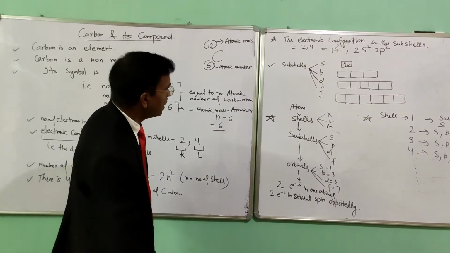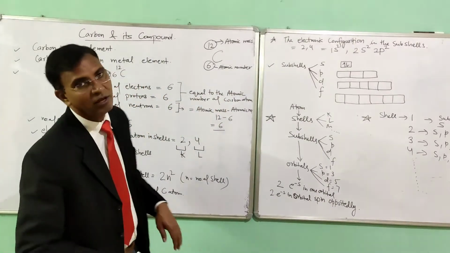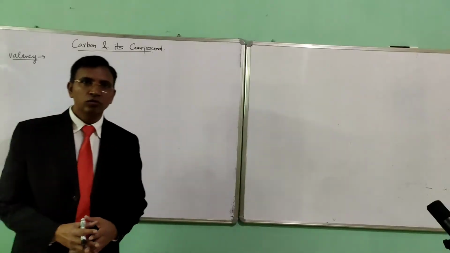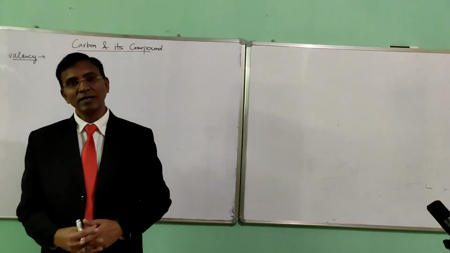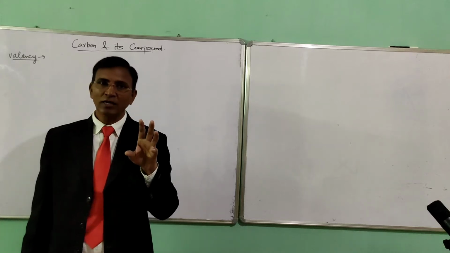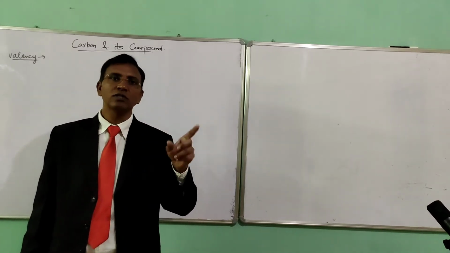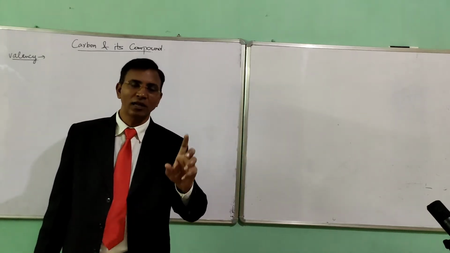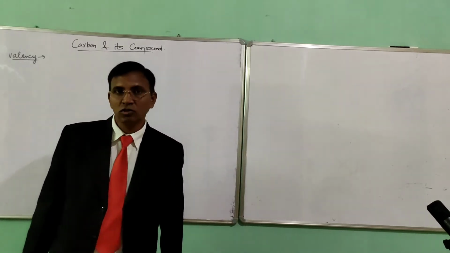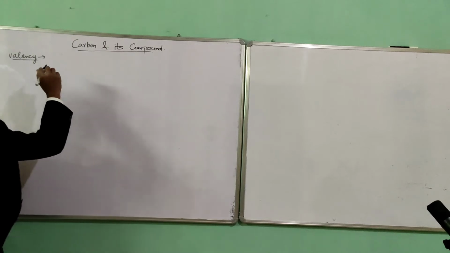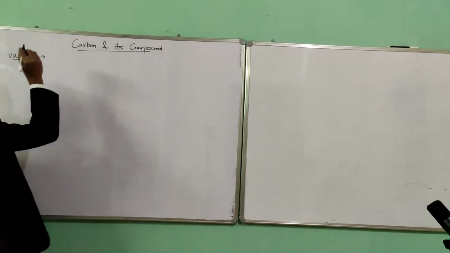Now let us discuss the valency of the carbon. So far we have discussed that carbon has 2 electrons in the first shell and 4 electrons in the outermost shell, the second shell. Total is 6 electrons.